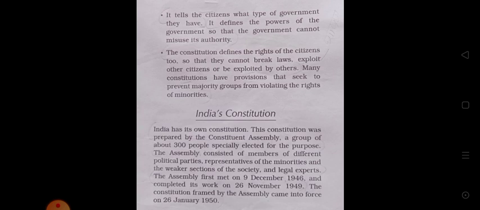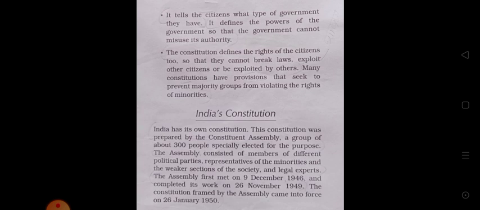The Constituent Assembly first met on 9th December 1946 and completed its work on 26th November 1949. The constitution framed by the assembly came into force on 26th January 1950.